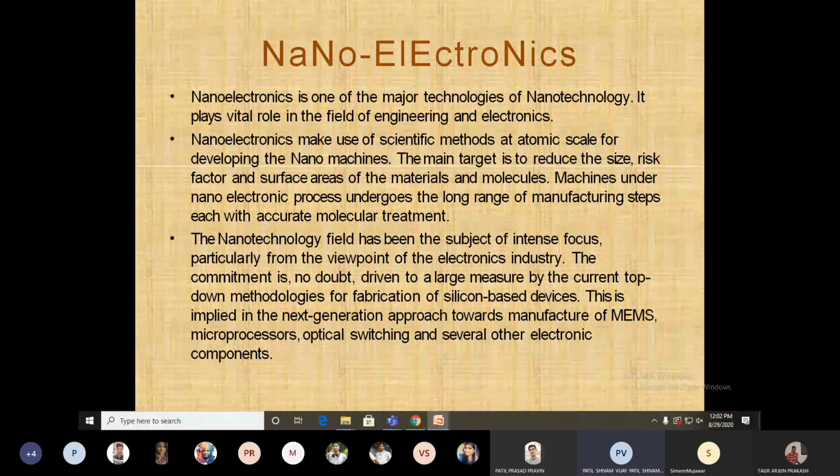Nanoelectronics. Nanoelectronics is one of the major technologies of nanotechnology. It plays a vital role in the field of engineering and electronics. Nanoelectronics makes use of scientific methods at atomic scale for developing the nanomachines. The main target is to reduce the size, risk factor, and surface areas of the materials and molecules.